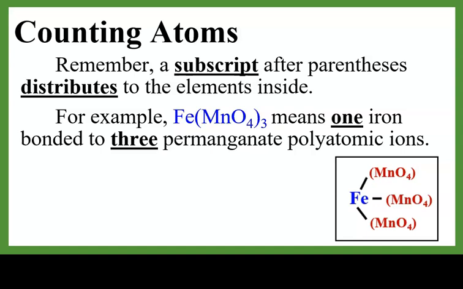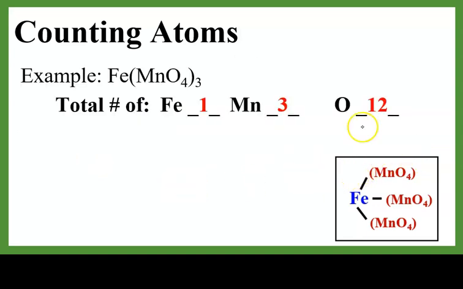So 4 plus 4 plus 4. So we have 12 oxygens and 3 manganese. So we distributed. And like I said, if it helps you to draw it out and count them all, you can do that. Or you can just distribute like you would in math class. 3 times 4 is 12. 3 times 1 is 3.